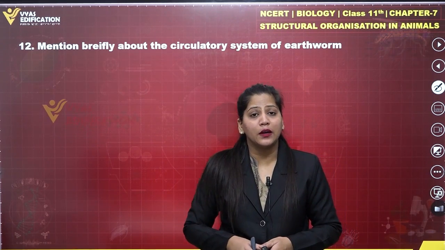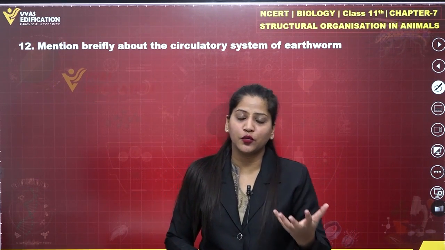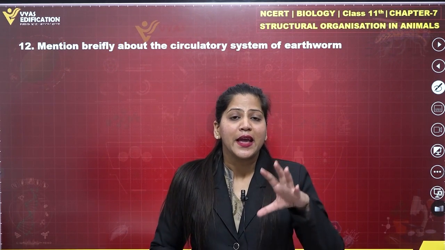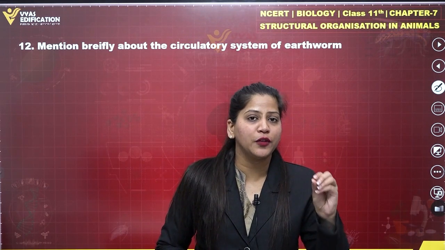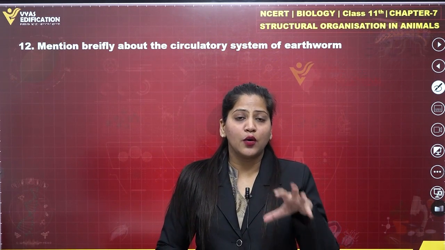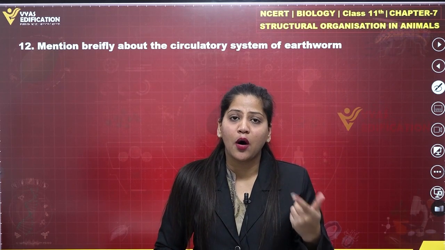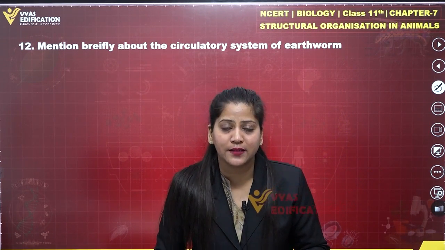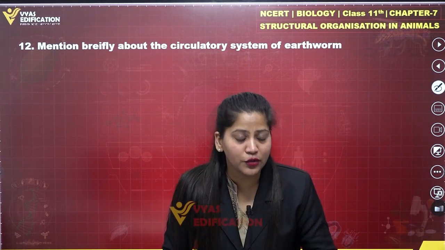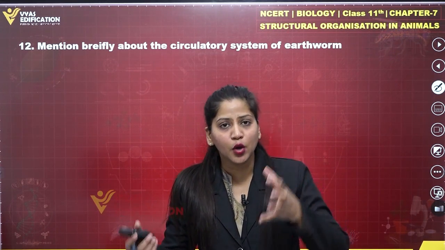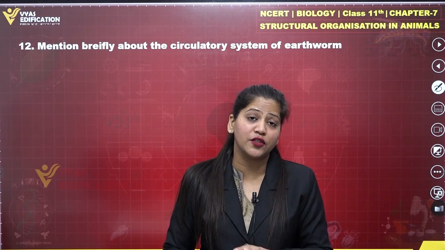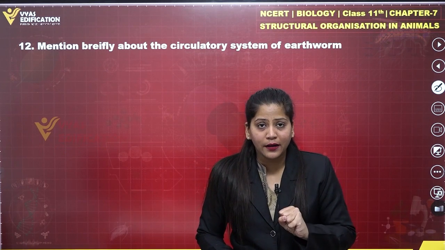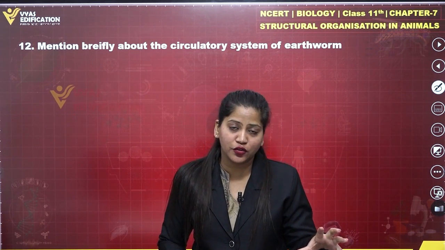Similarly, earthworm, whose scientific name is Pheretima, has a closed type of circulatory system consisting of heart, blood vessels and capillaries. All these three things together form the closed circulatory system in Pheretima. The heart pumps blood for circulation in one direction.